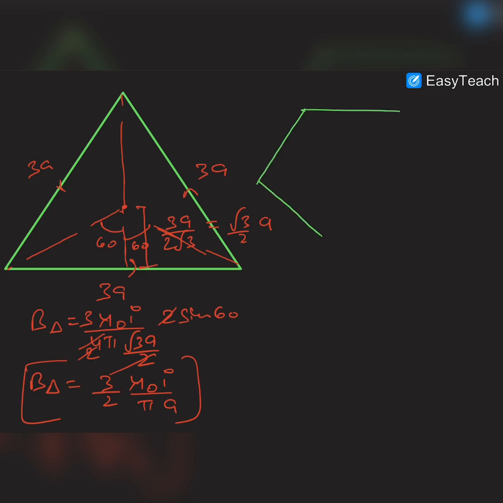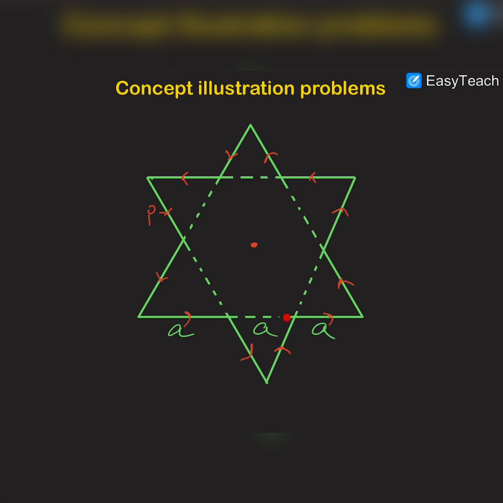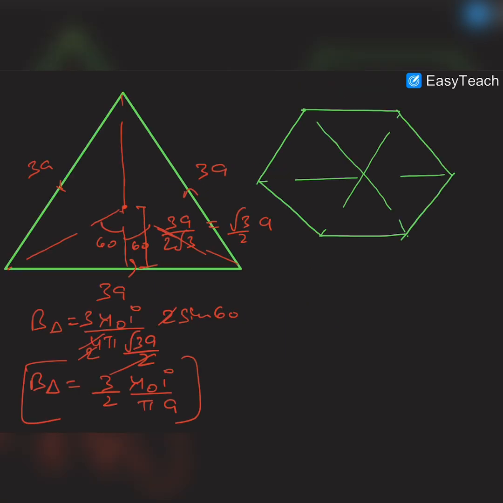This is the hexagon, and you can see that each side of the hexagon is A. The magnetic field at this point can be calculated by finding the magnetic field due to one wire and multiplying it by 6.